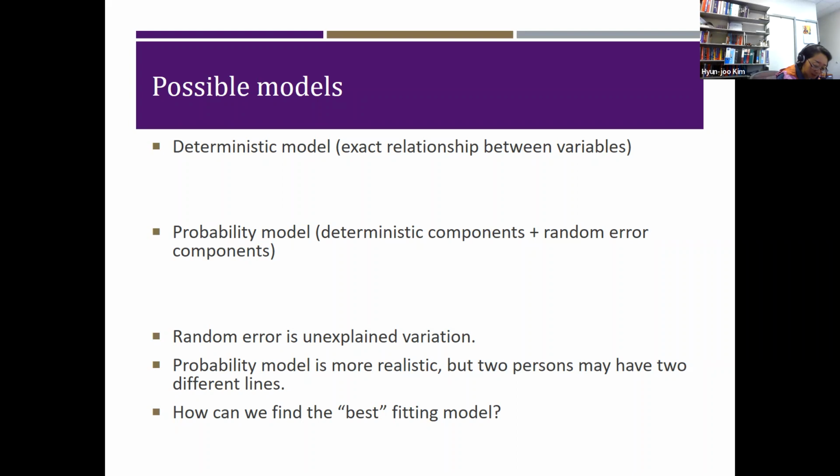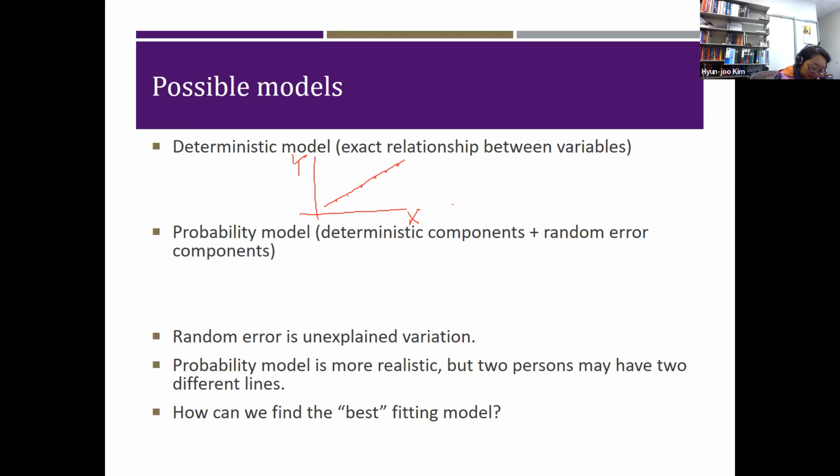If we draw a little figure here, here's your X variable, here's your Y variable, and your data are in an exact relationship. So you can exactly predict one when you know X, and Y will be just exactly on that line.